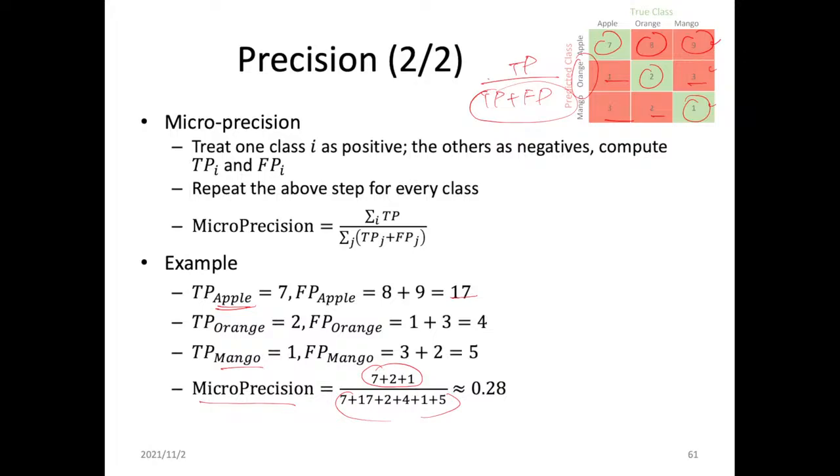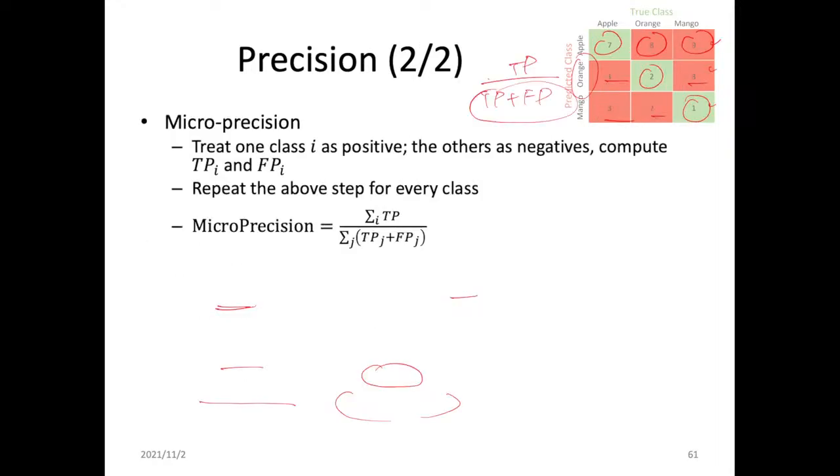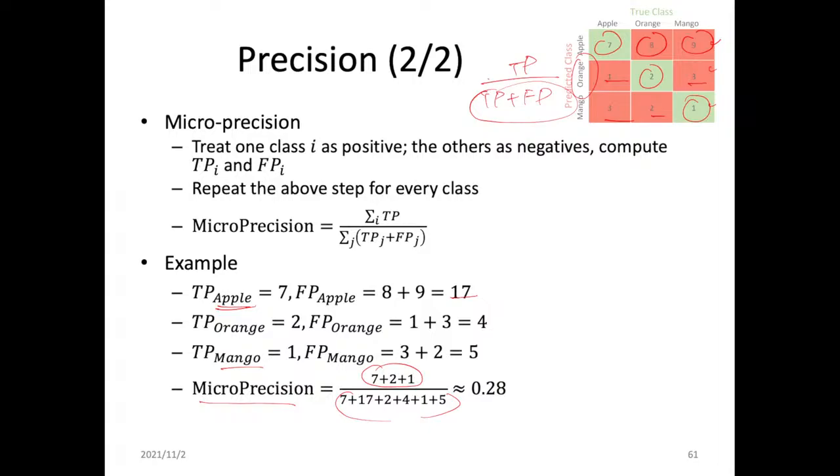If we compare macro precision with micro precision, which one should you use? It depends on what you want. If the number of instances in each class is roughly the same, then micro or macro precision will give you roughly the same result.